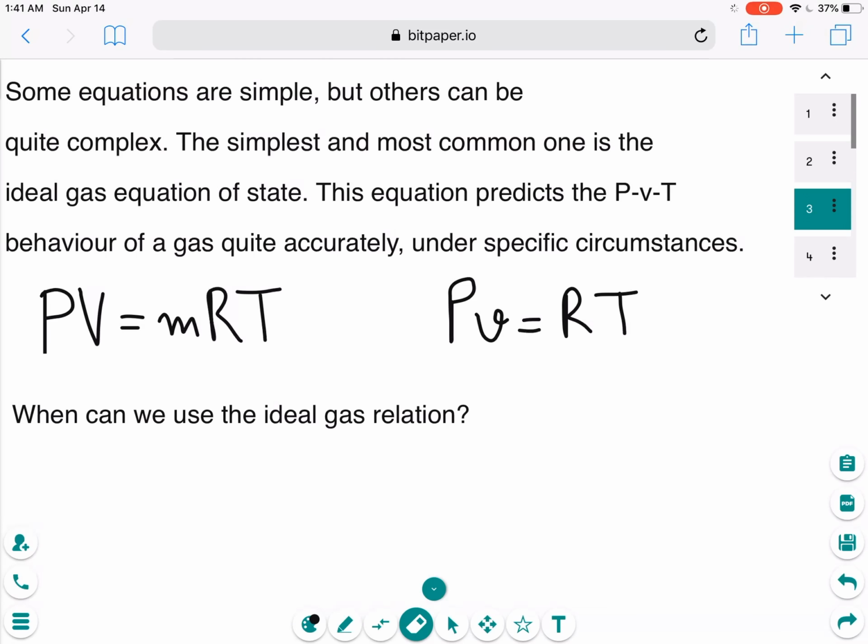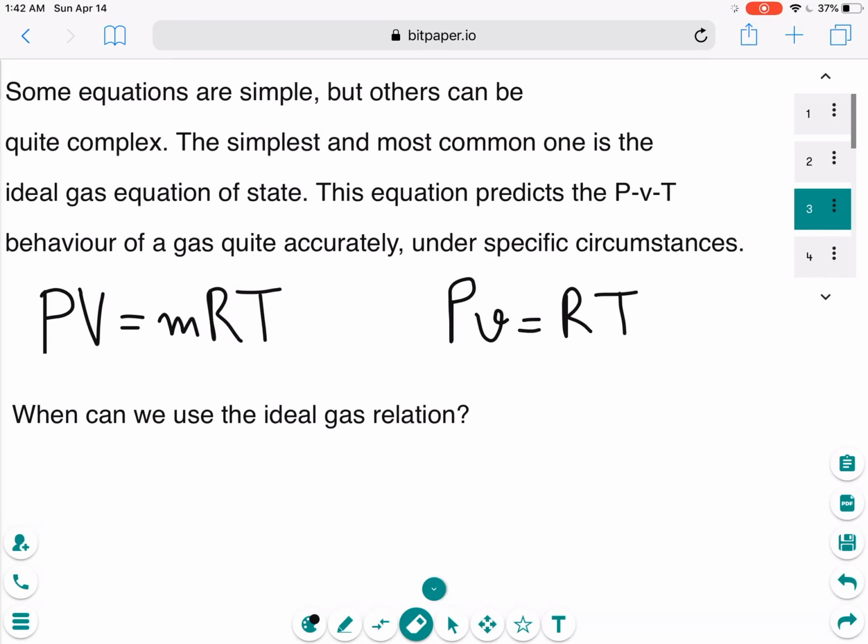Here we see two forms of the ideal gas equation of state: PV equals mRT and Pv equals RT. In the first one we have the total volume V, in the second one we have the specific volume v, and we also note that in the first one we have the mass on the right hand side of the equation, but in the second equation we don't have the mass.